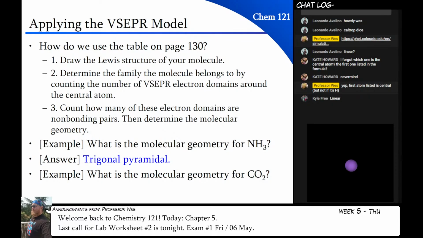All right, so first, let's draw the Lewis structure. I'm going to try and draw that on this page. Well, actually, no, I'm not. I'm going to go over here.